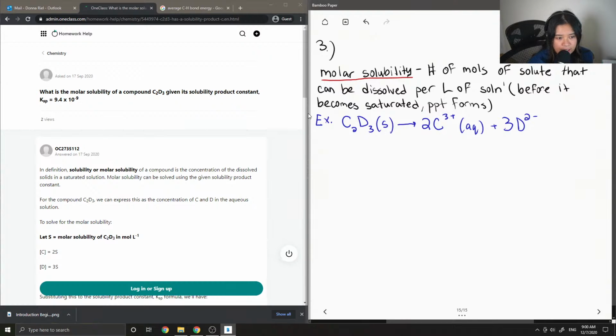And then the D has the subscript of C, and its charge is negative. Okay, so the question also gives us the KSP value, which is equal to 9.4 times 10 to the negative 9.